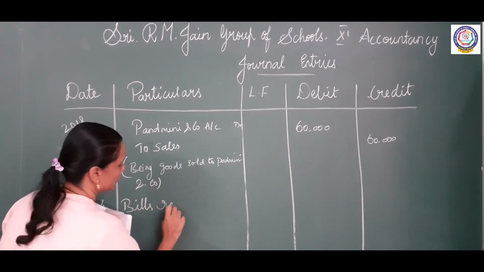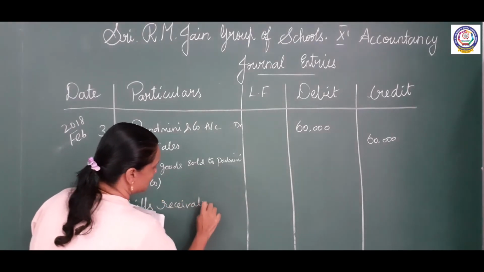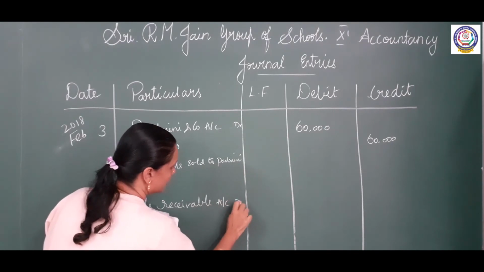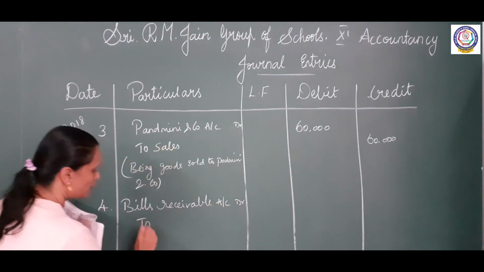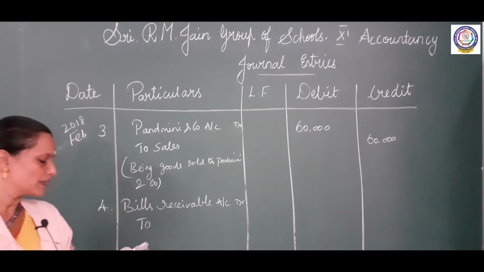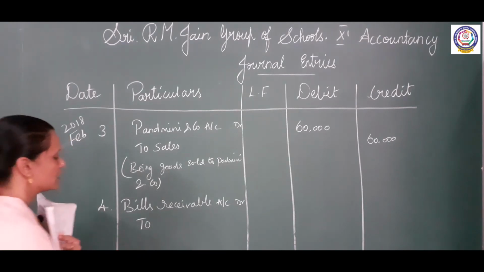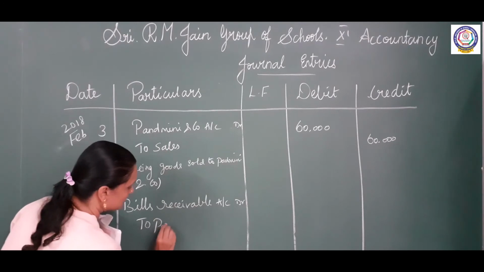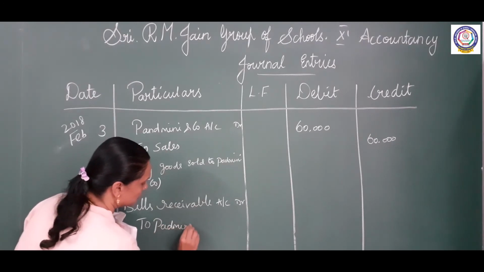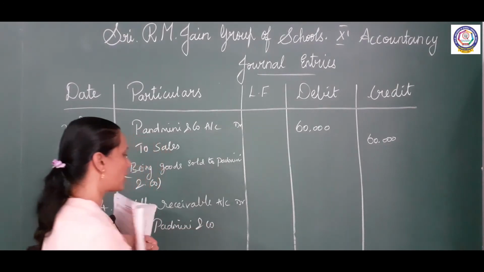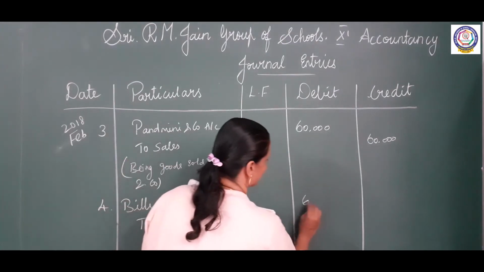Bills receivable account debit to whom? So Padmini and Co. only should give the amount to us, isn't it? So to Padmini and Co. How much? 60,000 rupees.